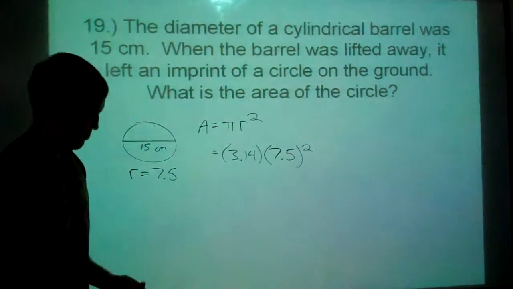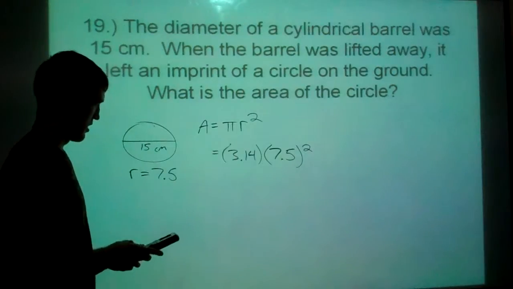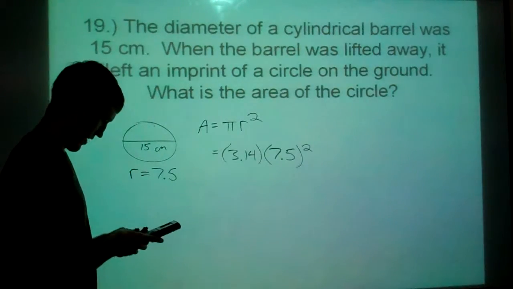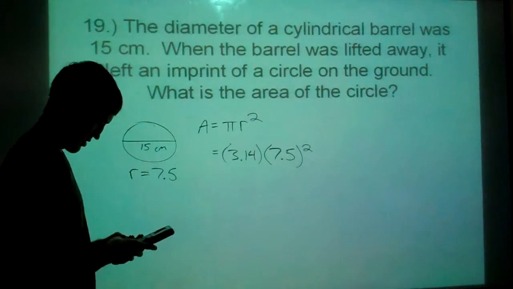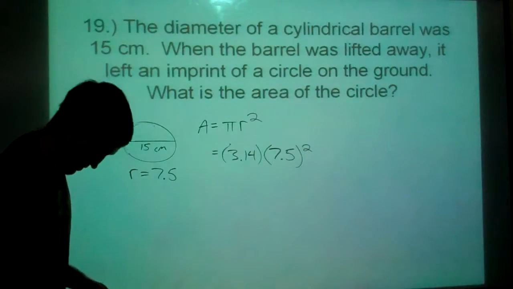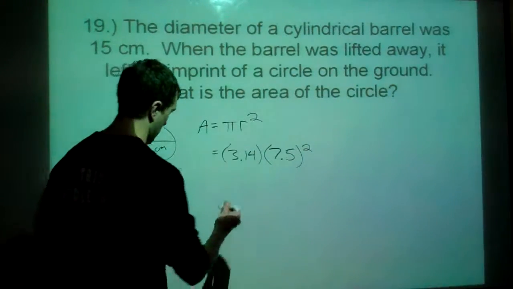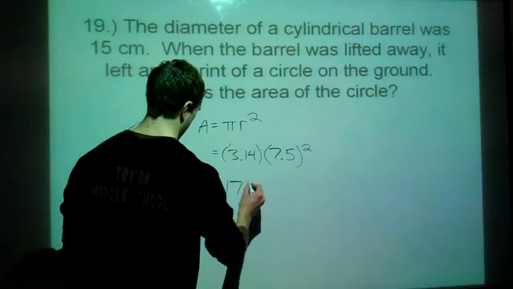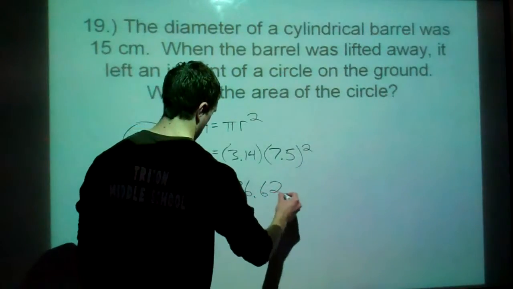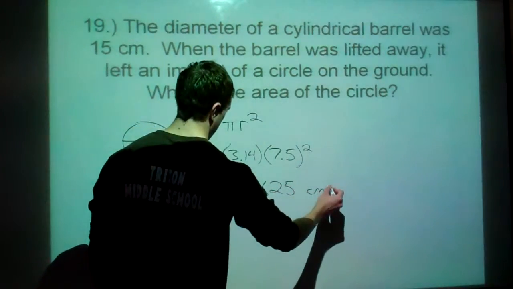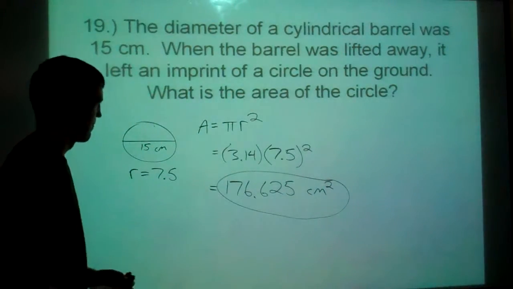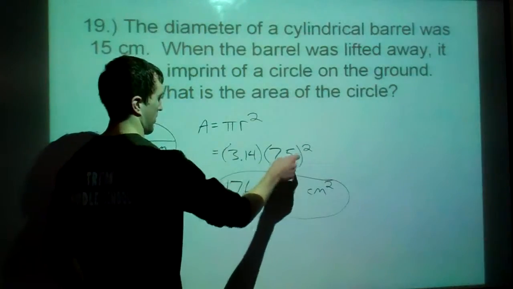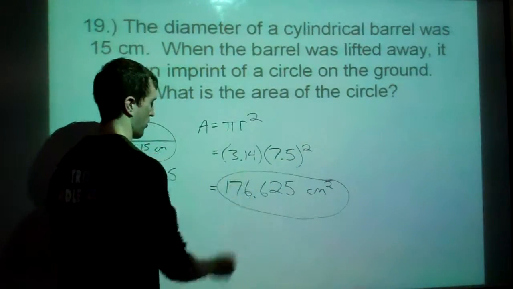So that means 3.14 times 7.5 times 7.5, and we get 176.625 centimeters squared. Is that what we got? Yep. So 7.5 times 7.5 times 3.14 should get us there.